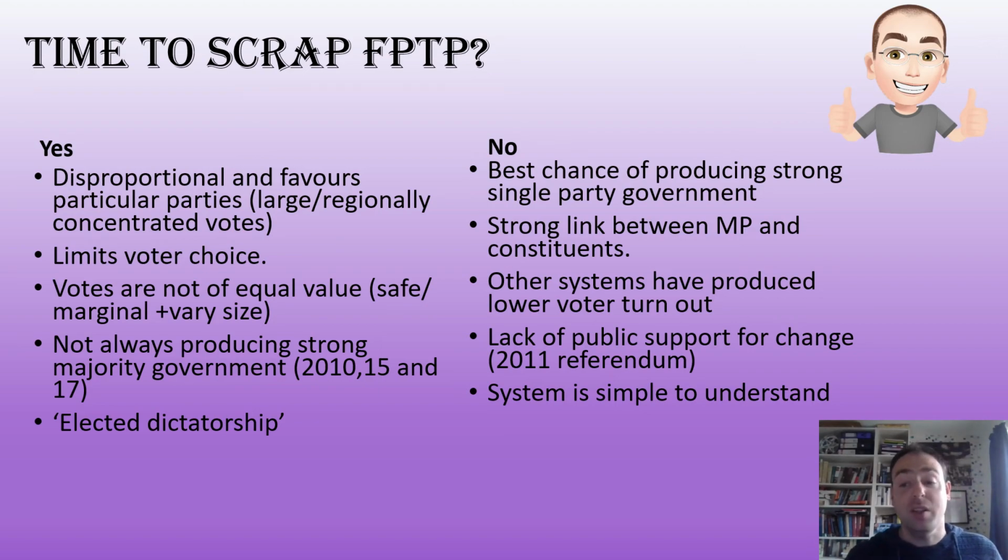And the other bit, and this is an issue that could be sorted without necessarily sorting the entire electoral system, is that constituencies vary quite remarkably in size. The constituencies in the UK are normally about 75,000, but we've got some that are over 100,000 and some that are under 30,000.